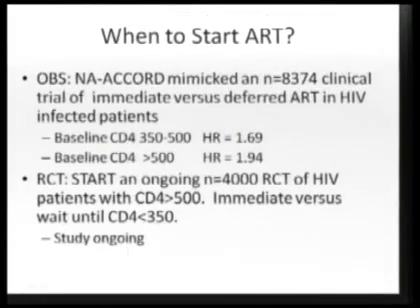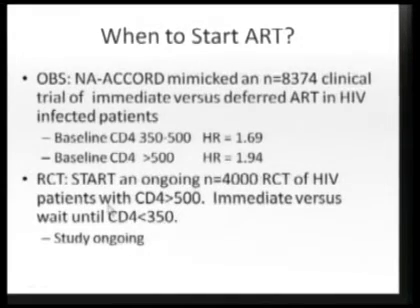An example closer to my home, where I work now at the National Institute of Allergy and Infectious Disease, is a central question for HIV treatment, which is when to start antiretroviral therapies. The pendulum has swung back and forth on this since CART was initiated or became popular in the mid-90s.